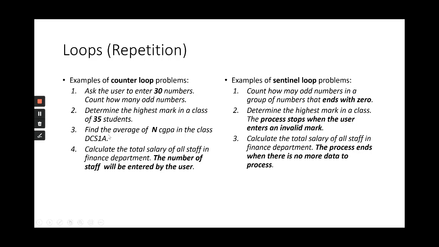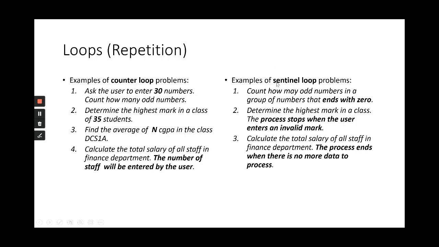Then find the average of n CGPA in the class. And lastly, calculate the total salary of all staff in the finance department, where the number of staff will be entered by the user. For this example, we also give the value to the system.